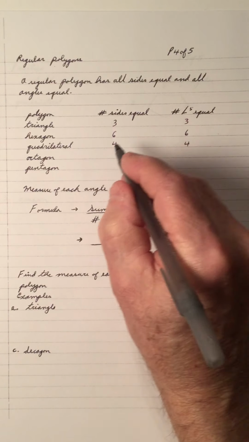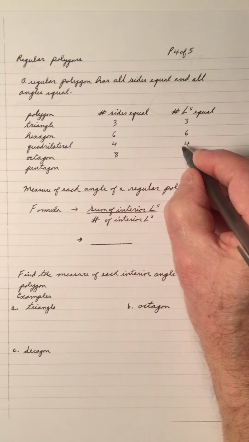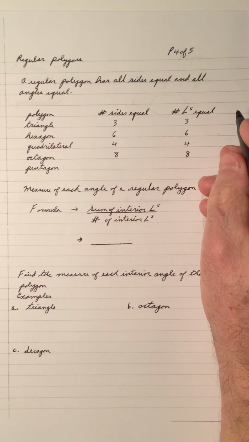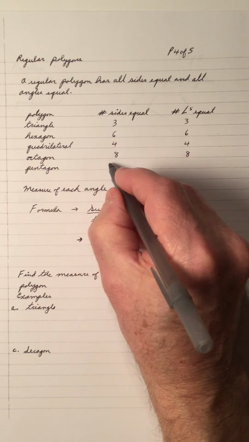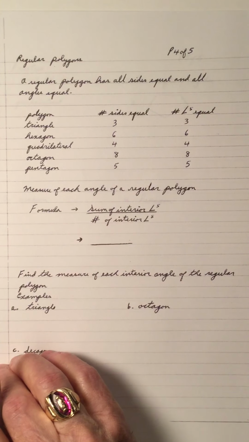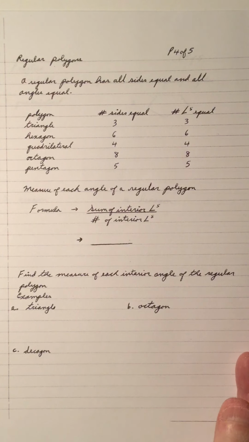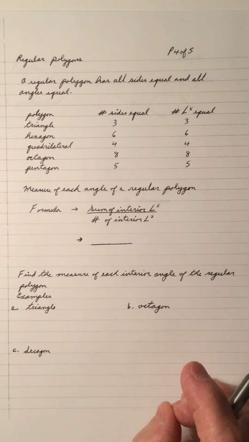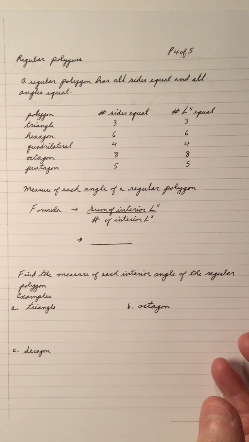An octagon is 8 sides equal, 8 angles equal when it's regular. A pentagon is 5 sides equal, 5 angles equal. So the number of angles corresponds to the number of sides. If a polygon has 10 sides, it has 10 angles. If the 10 angles are equal, the 10 sides are equal.